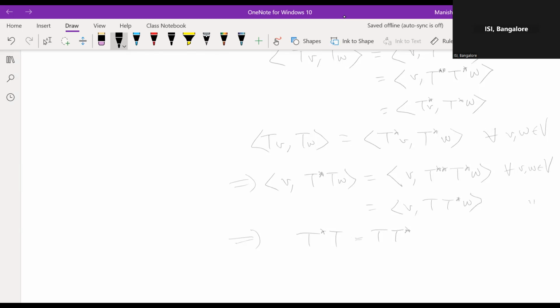Since this difference is 0 for all V in V, that tells you that T star TW is the same as T T star W for all W in V. Okay.